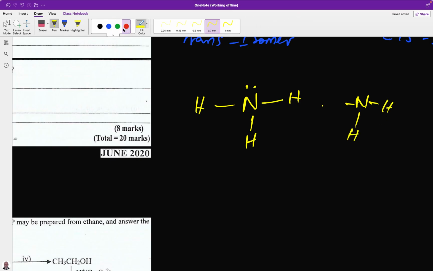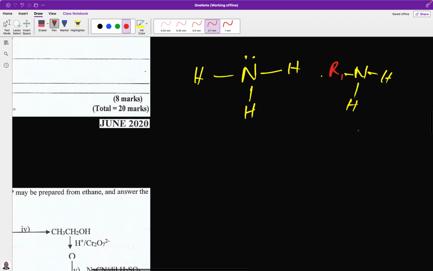If I substitute this hydrogen by an alkyl group or by an aryl group, alkyl groups are long chain or branched chain molecules, while aryl groups are aromatic groups. If I do this here, let me say R1, we now call this a primary amine.